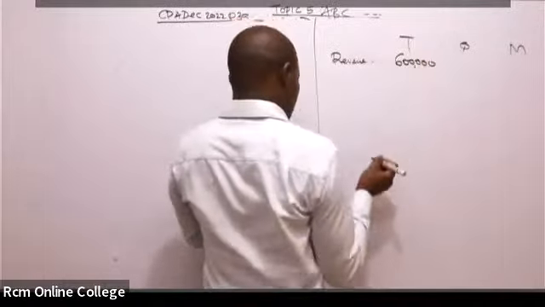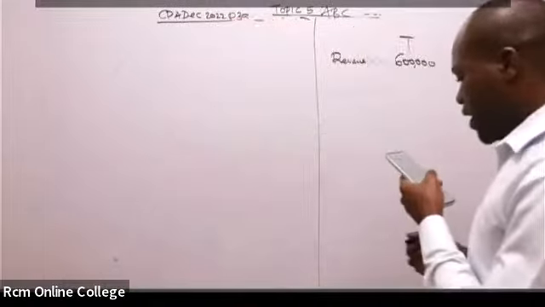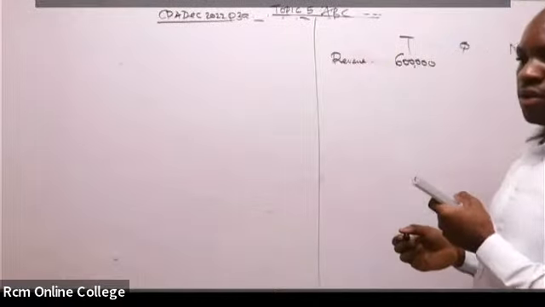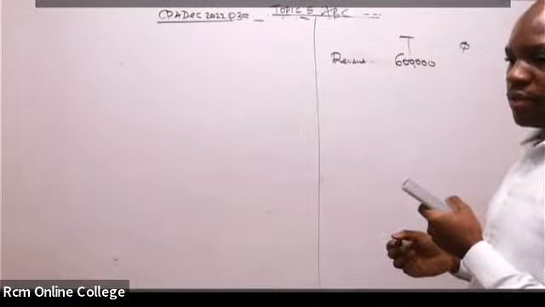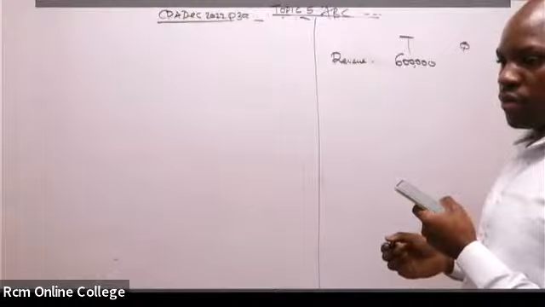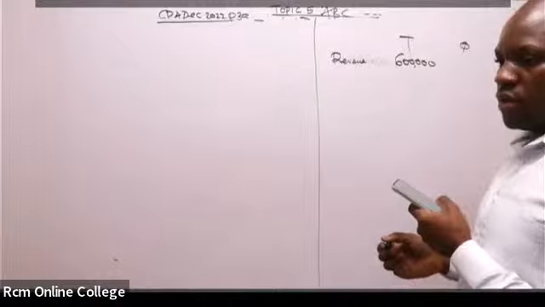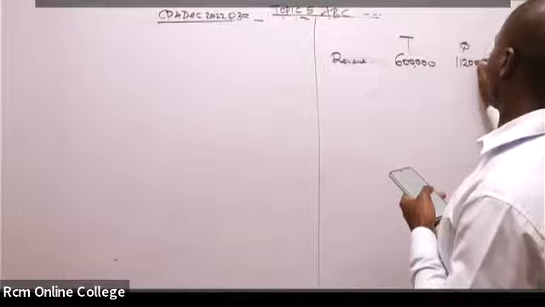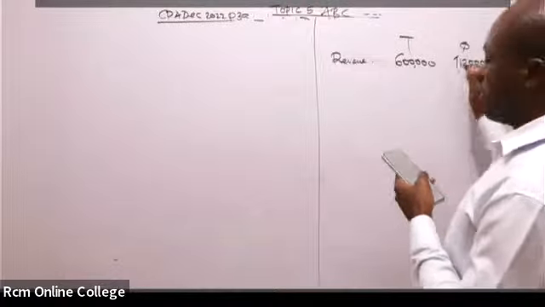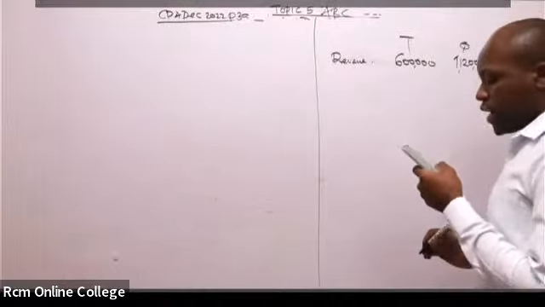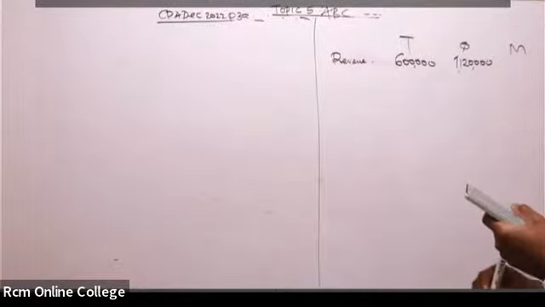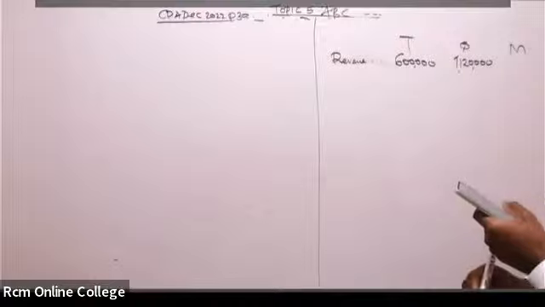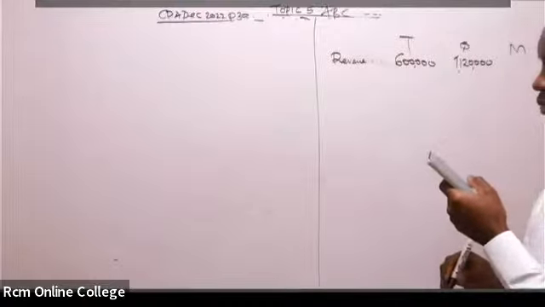The trend continues. 16,000 by 70. $1,120,000. Then 8,000 by 60. $480,000.